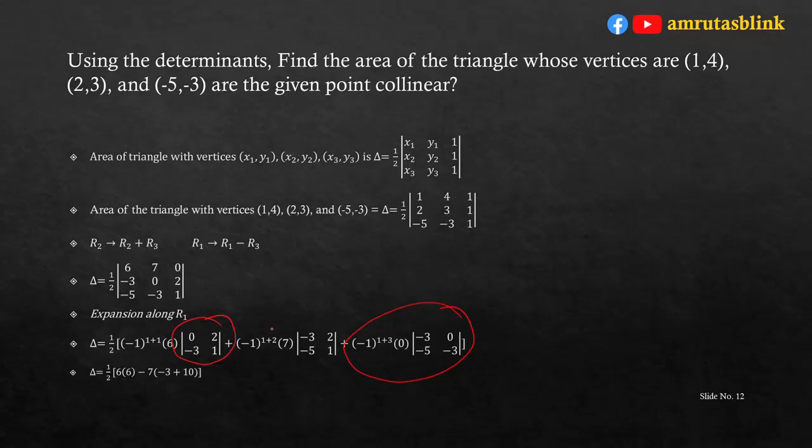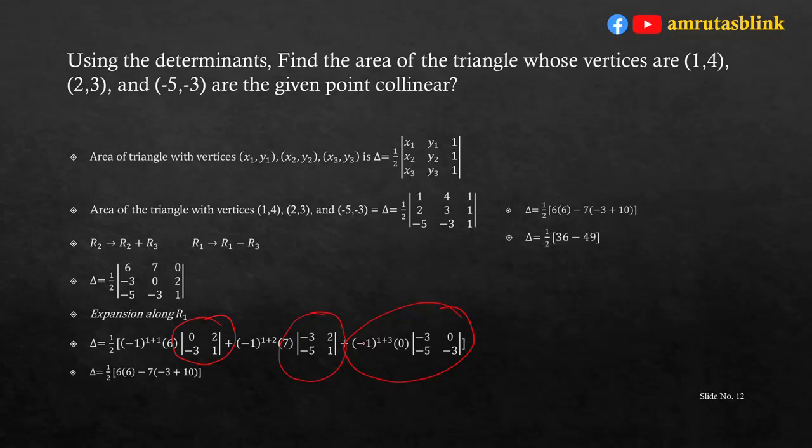Now, minus 1 raised to 1 plus 2 is minus 1 into 7, so minus 7, and the value of this determinant is minus 3 into 1, which is minus 3, minus minus 5 into 2, that is plus 10. So, delta is equal to 1 by 2 into bracket 6 into 6 minus 7 into minus 3 plus 10.